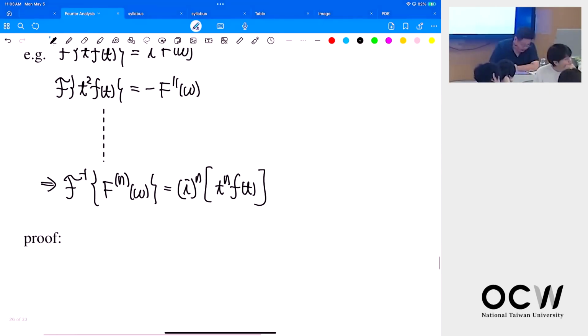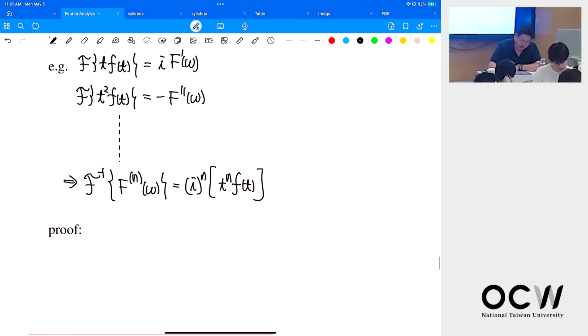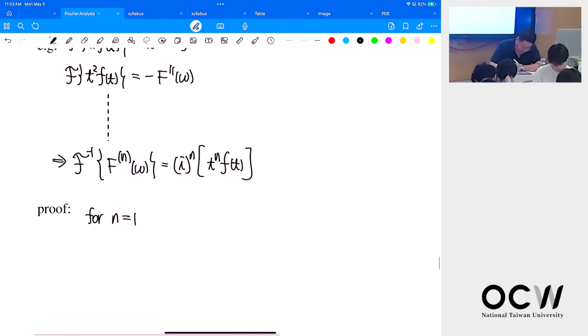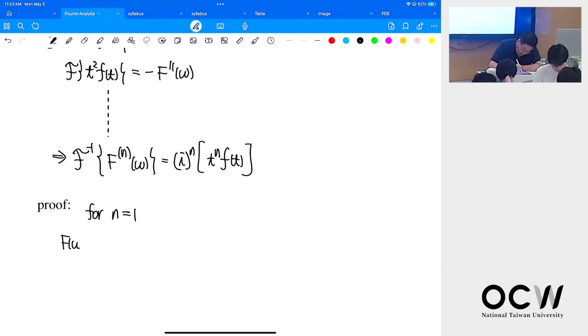So now let's have a proof. Suppose n is just equal to 1. First, what is the Fourier transform? That's the integral of the function f times e to the minus i omega t dt.